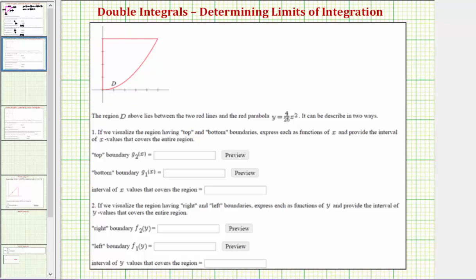So notice how if we define this region as having a top and bottom boundary, the top boundary would be this horizontal line here, which has an equation y equals 4, and the bottom boundary would be the parabola here, which we're given has an equation y equals 4/25 x squared.